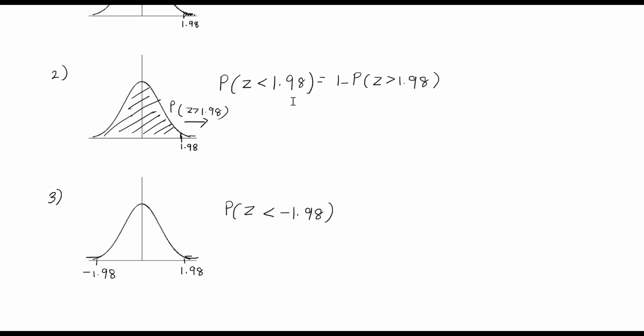Now the question is looking for z less than negative 1.98, so we are looking for this area. This area is equal to this area, so the probability z less than negative 1.98 is equal to z greater than 1.98.